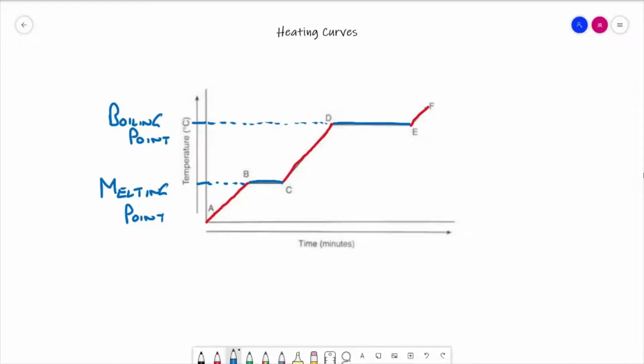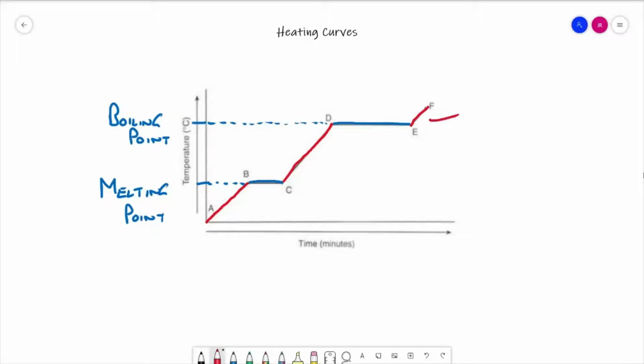Now, of course, the reason why the graph changes at those points, instead of being obviously a slope, it goes to being flat, it sort of plateaus at that point. We're still putting energy into this substance, we're still putting energy into the system. But of course, that energy in the system is being used in slightly different ways.